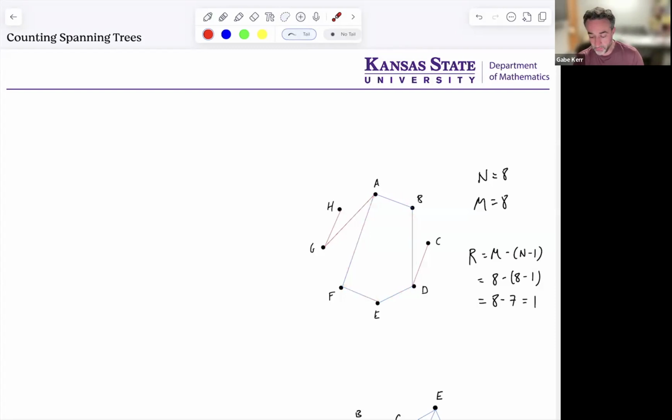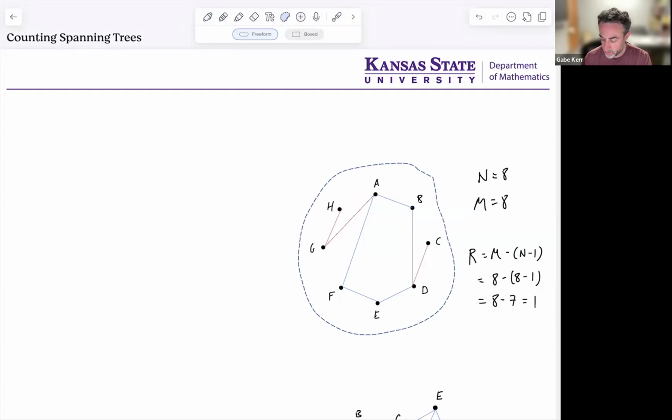If you think about it, none of the edges on that cycle are bridges, because if I remove them, I stay connected. So in fact, I can remove any one of these edges and get a spanning tree. Let's see what that looks like.